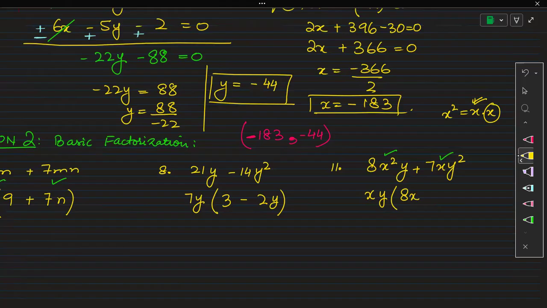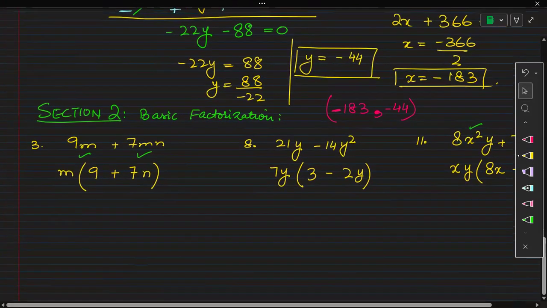So you have to write x inside this bracket. Then you have to write 7. One x had already been taken common. Y, again, y squared is here. So y times y. So if you have taken one y out, one y is left inside the bracket. So we have got this expression factorized.